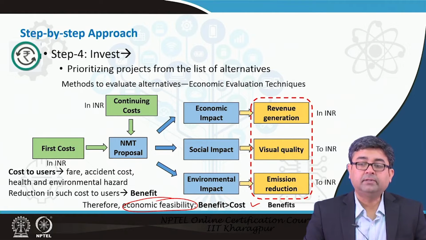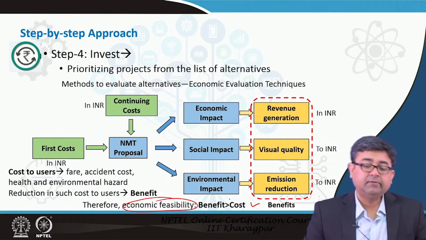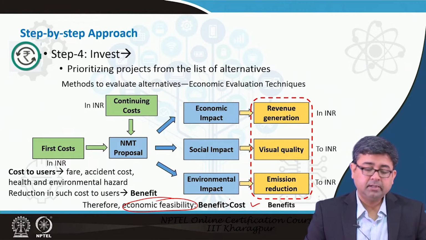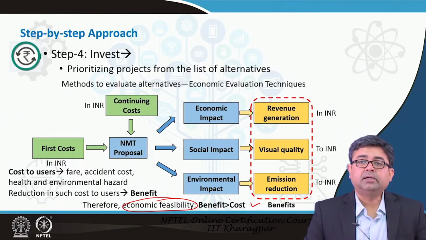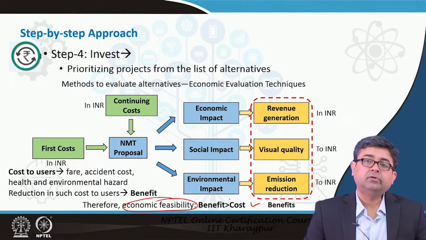If the benefits monetarily are more than the cost involved in identifying the project and building the project, then you would say that this project is viable or economically feasible, and we are going to go ahead and invest in this project.